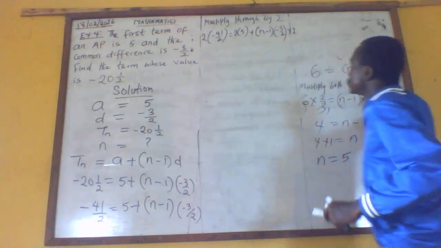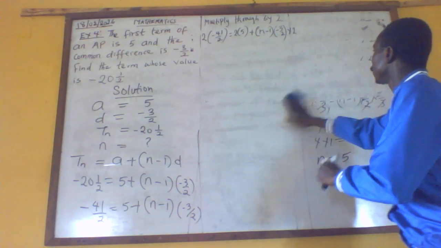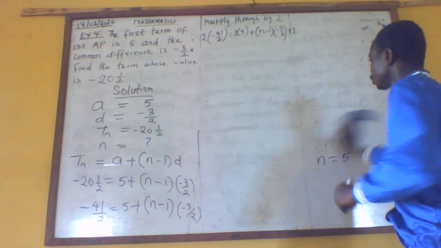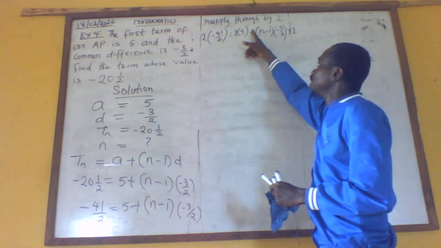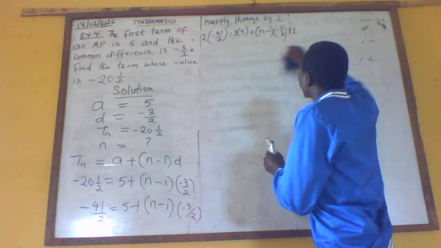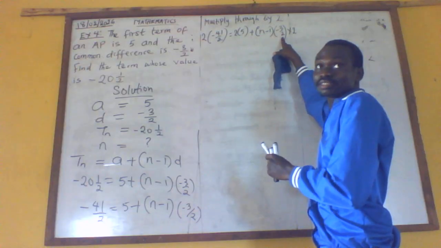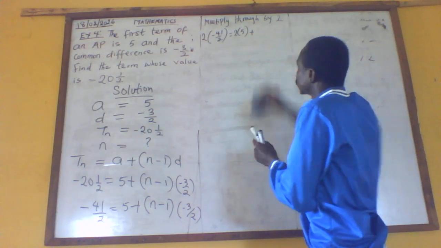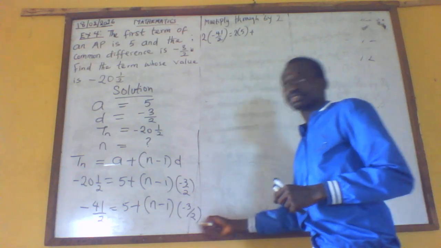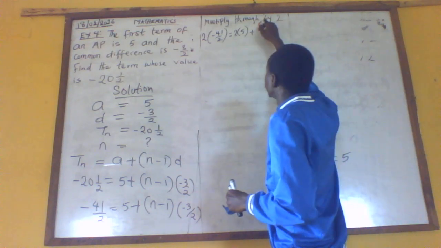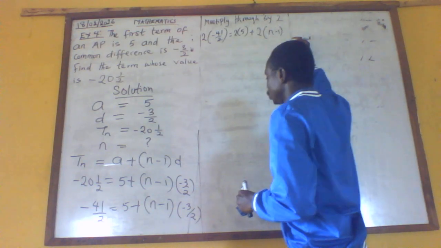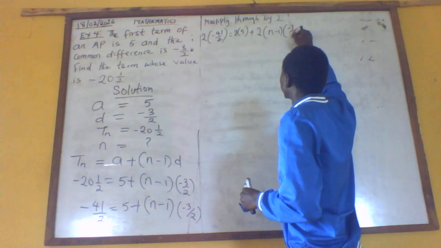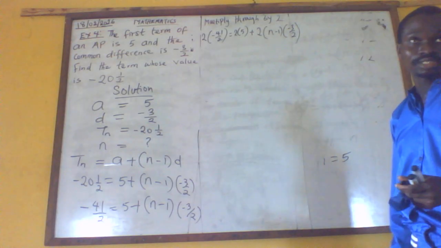Why do you do 2 brackets? It is the same thing: if I place the 2 here, the 2 will still multiply what I have here. So don't forget they are together, right? So plus 2 into (n minus 1) into minus 3 over 2, right? I think that makes sense.